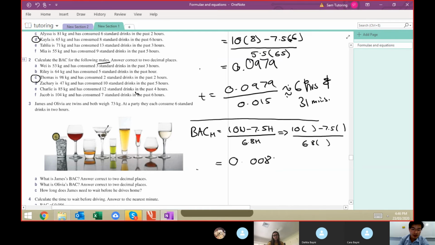Let's just round it to one significant figure. Now, is this person able to drive? Yes, because this value is less than 0.05, because the 5 would be in this position, 0.05 in this position. So yes, Thomas will be able to drive afterwards. It's fine.